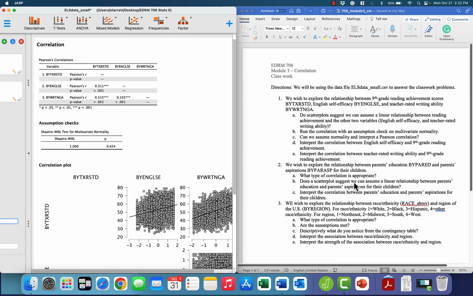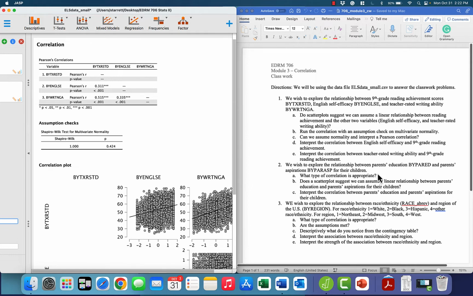All right, let's take a look at question 2 here. We wish to explore the relationship between parents' education and parents' aspirations. All right, so parents' education is an ordinal variable from less than high school all the way through a PhD. And parents' aspirations is also an ordinal variable.